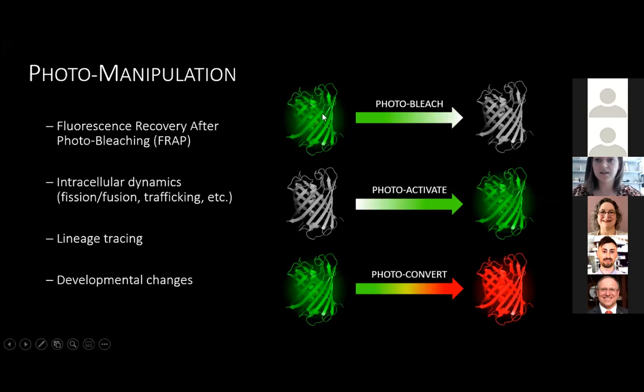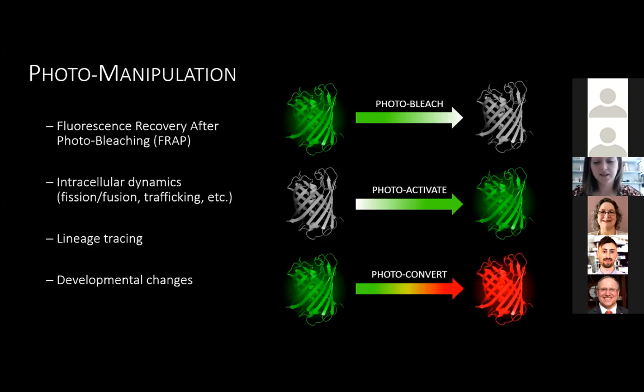And that pertains to the top row example here, where I have a green fluorescent protein that has been photobleached. When you photobleach a fluorescent protein, essentially what that means is that the fluorophore structure has been physically broken and it's no longer able to absorb that light and emit fluorescent light.